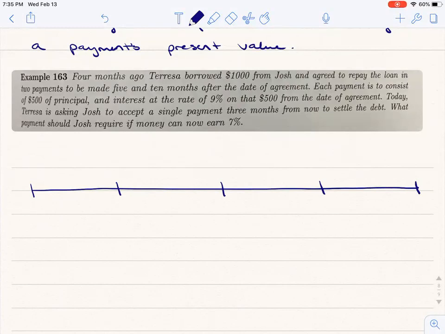I'll start with the first tick because that one I know. So 4 months ago. That's 4 months ago from today, right? So this tick must be today.